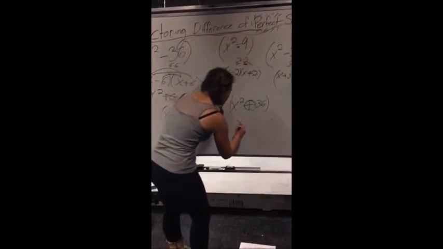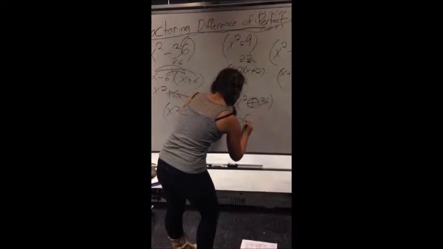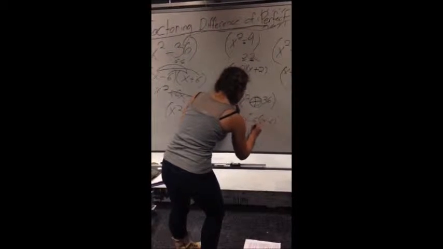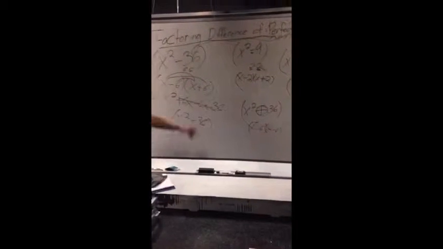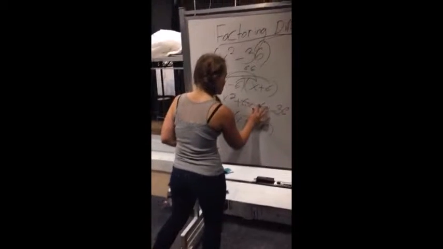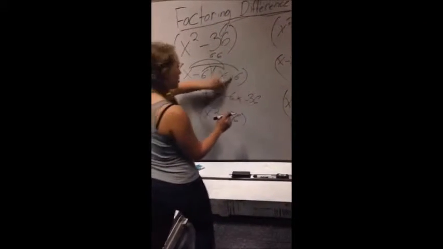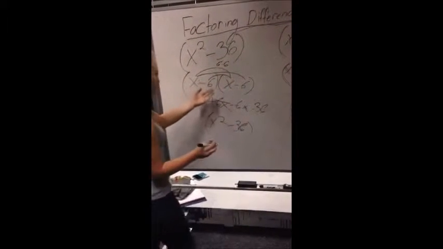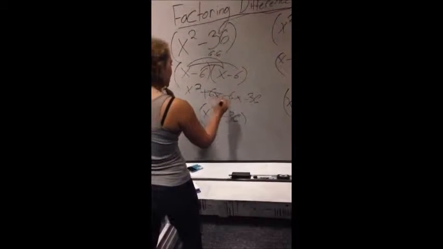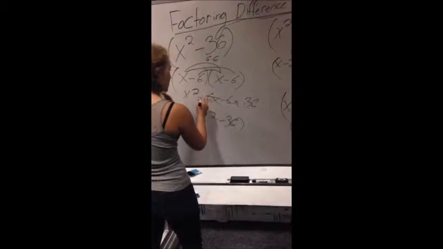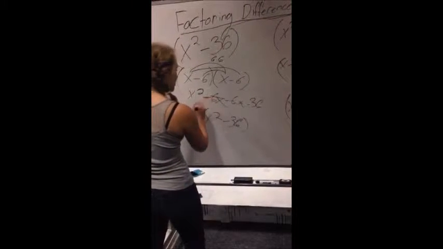And if you did x minus 6 and x minus 6, that's going to give you more numbers than you want, because let's go back to this one. If you had 2, if this was also a minus, then this would become a minus.